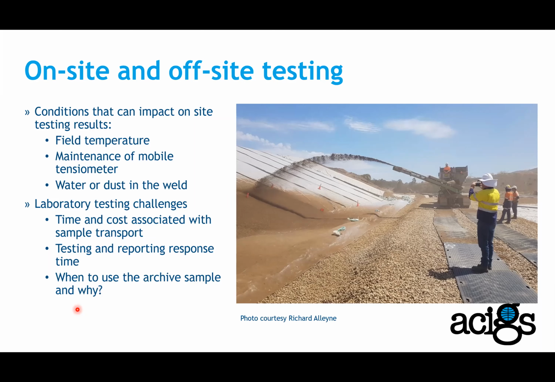If you're taking destructive testing samples, sending them to the lab and wanting to test them in the lab, there is the time and cost associated with the sample transport, testing and reporting response time. So we need to consider that. And also when to use the archive sample and why, because with every DT sample we take, we also have archive samples. We need to make sure the archive samples are used properly and for a reason.